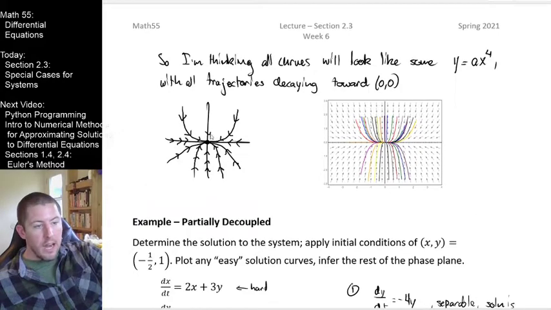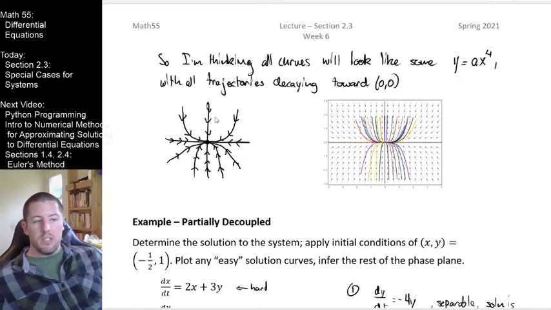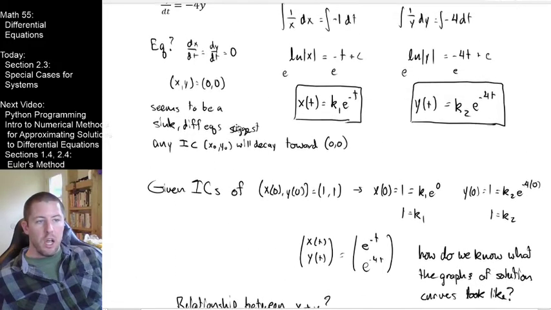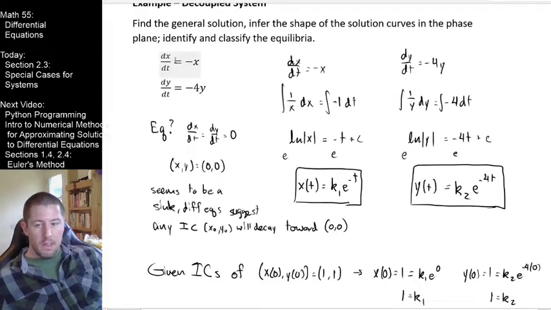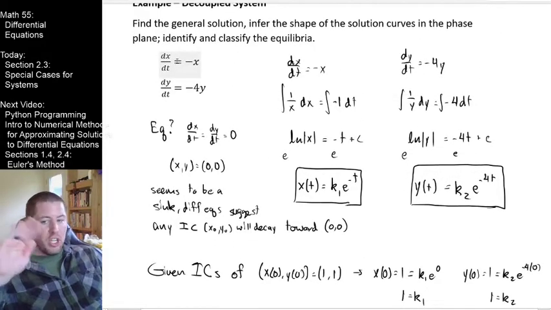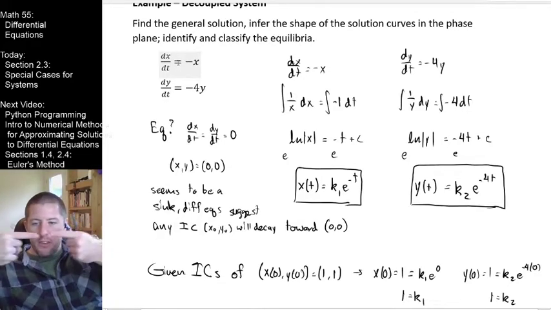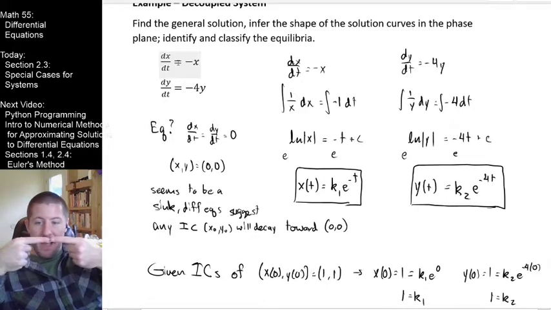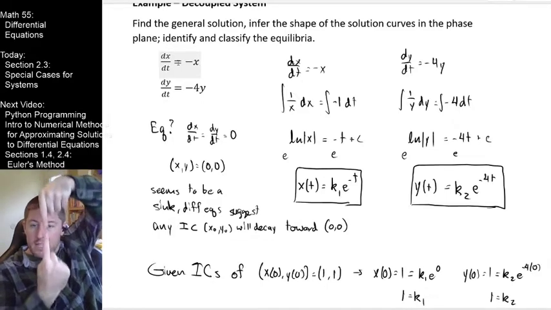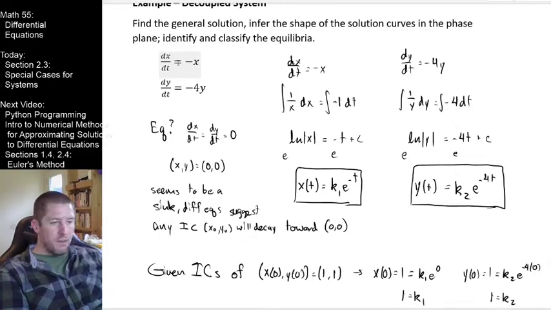And we knew that this was going to happen because if we just looked at each of these individual differential equations alone, if you just look at dx/dt, it's got equilibria at x equals 0, and all other solutions are pointing towards it. So that phase line is the x-axis. That phase line is the y-axis. Same exact conversation for dy/dt.